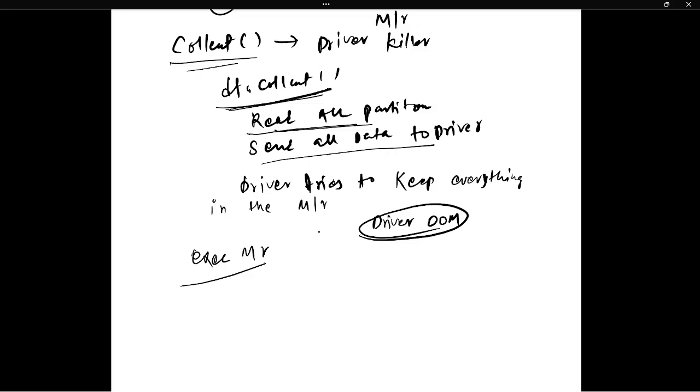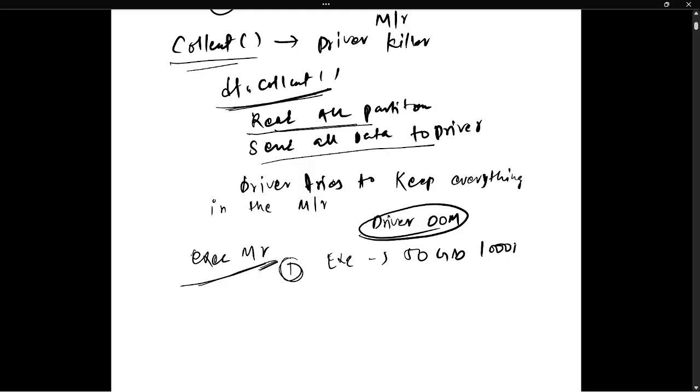In actual real-time production, suppose this issue happens and someone increases the executor memory from 50 GB to 100 GB. Here there is nothing to do with the executor memory.